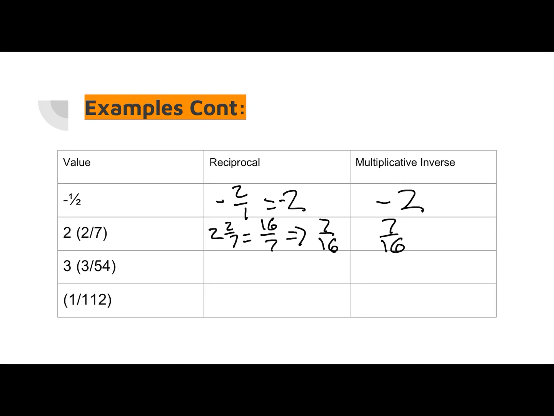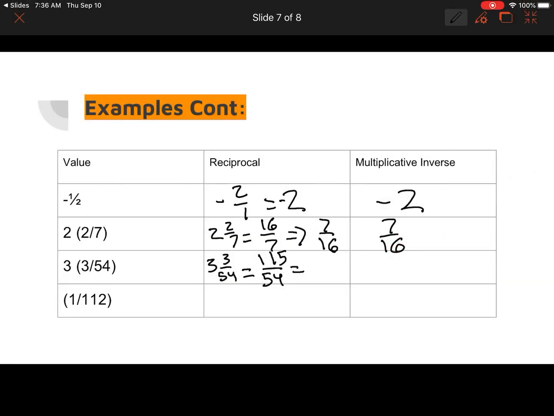Now how about 3 and 3/54? Well, 3 and 3/54 would be equal to 115/54, which is, I should say, the improper fraction.